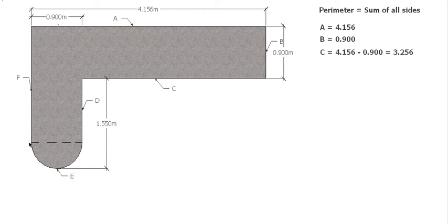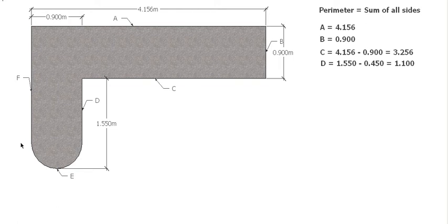The distance from one side of the circle to the other is 900, so the distance from the center of the circle to the outside, which is the radius, must be half the diameter. So this distance here has to be 450 mil. So I can take 450 mil off my 1.550, and that'll give me side D.